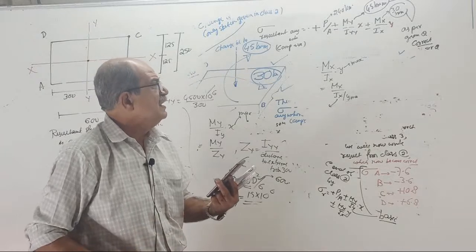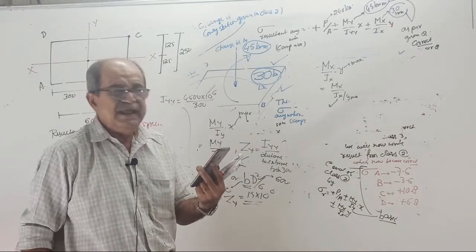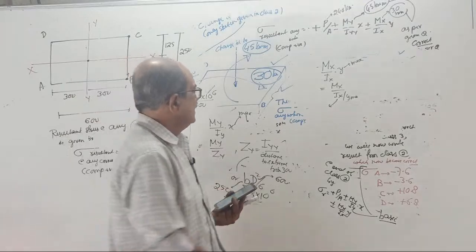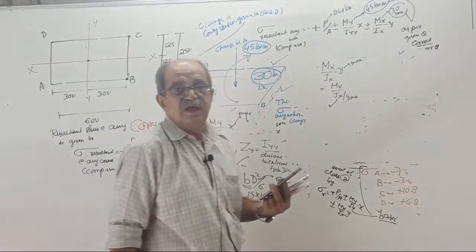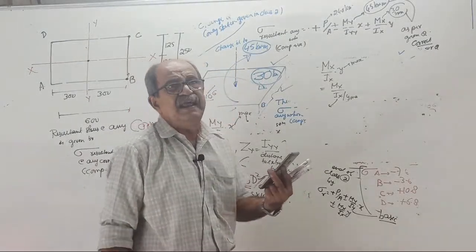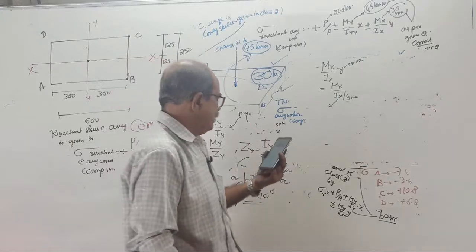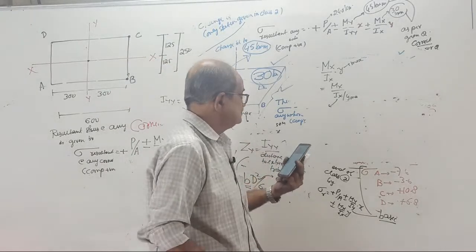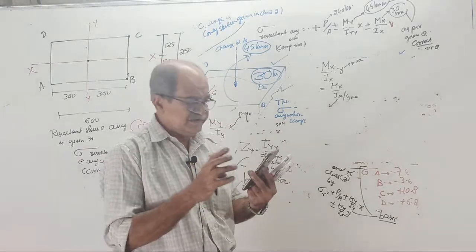I think I had to calculate. How much IXX value did you get? That is 600 into 250 cube by 12.